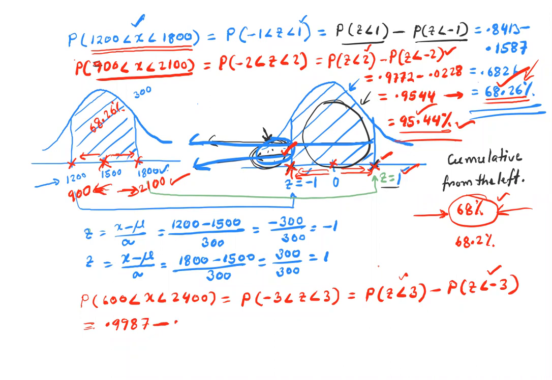Thank you. So let me just subtract it. 0.9987 minus 0.0013 is 0.9974.